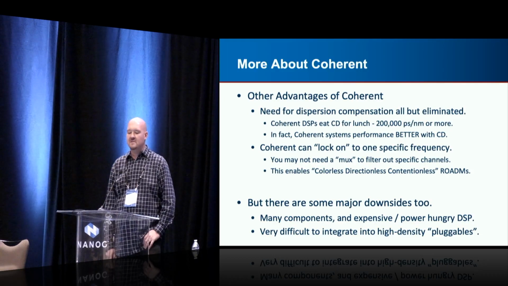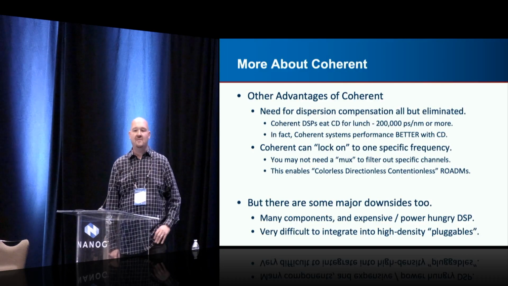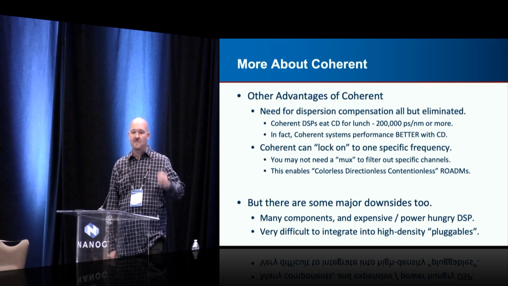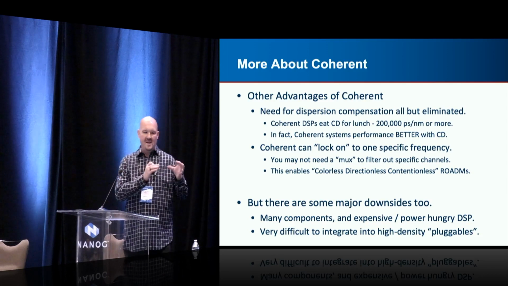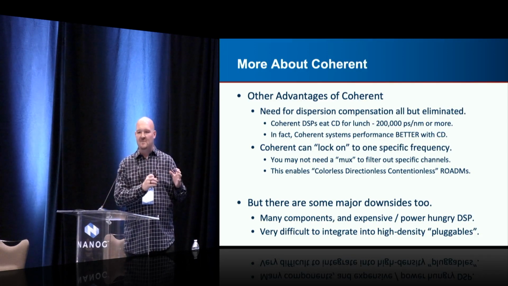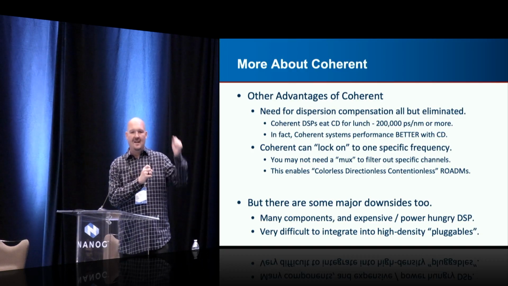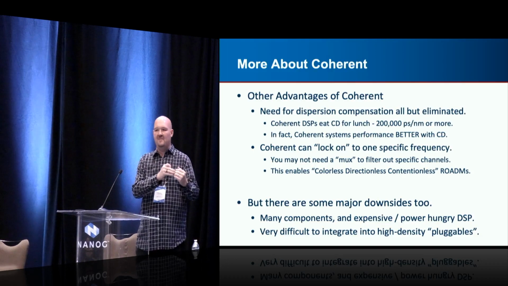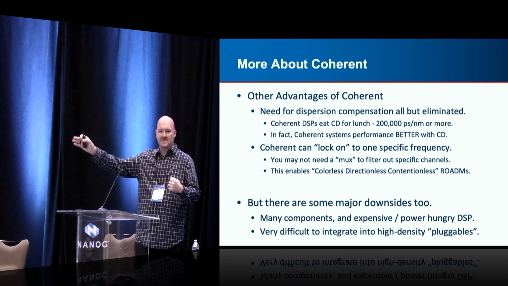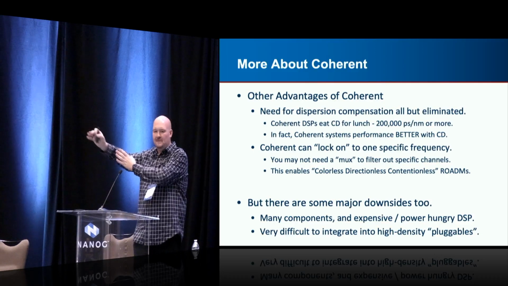But there's a lot of downsides, right? These are very expensive, power-hungry components. They're extremely difficult to integrate into pluggables. So pretty much a rule of thumb is whatever we consider the pluggable that we use for our high density, 100 gig client optics is always going to be too small for whatever the latest, greatest generation of DSPs are that can live outside in a completely different thermal envelope.